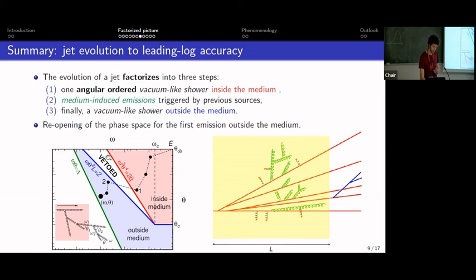So basically it's along this line. Yes, I assume it's like q hat. And it depends on how long the medium is. If you travel a very long time, by that time the medium is not really dense anymore, so q hat is not going to be very large. But in this case, I'm just curious, what is the total effect of outside-the-medium vacuum-like radiation in your simulation?